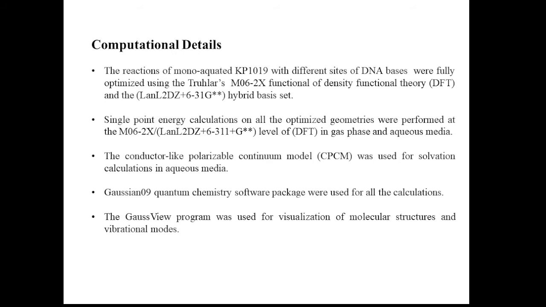So the computational details. Here we have studied the reaction of KP1019 with different sites of DNA bases. For guanine I have taken 3 sites, adenine 2 sites, cytosine 2 sites, and thymine 2 sites, which were fully optimized using the M06-2X functional of DFT. And a hybrid basis set I have taken: LANL2DZ for ruthenium, and 6-31G double star for the other atoms.